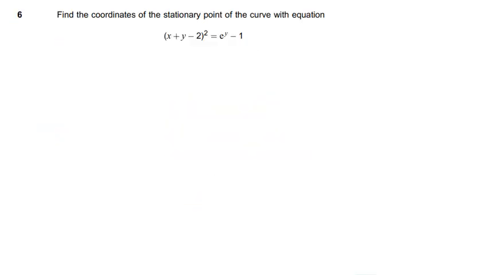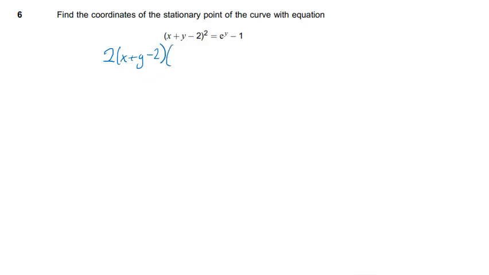Right, question 6, finding coordinates of a stationary point, but it's this awkward function where we're going to have to use implicit differentiation. So if we differentiate implicitly, we've got something squared, so the 2 is going to come down to the front, and the power is going to go down by 1 to 1. But then we need to multiply by the derivative of the inner function.